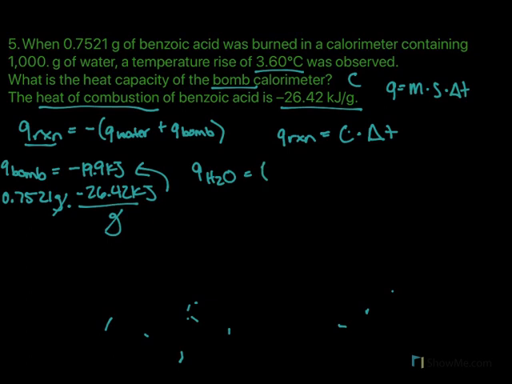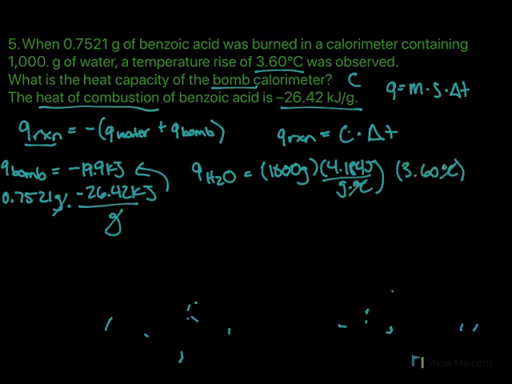So first we'll do our mass of 1,000 grams, and we will multiply that times the specific heat, which is 4.184 joules, divided by grams times degrees Celsius, and then we'll multiply that by the temperature change of 3.0 degrees Celsius.